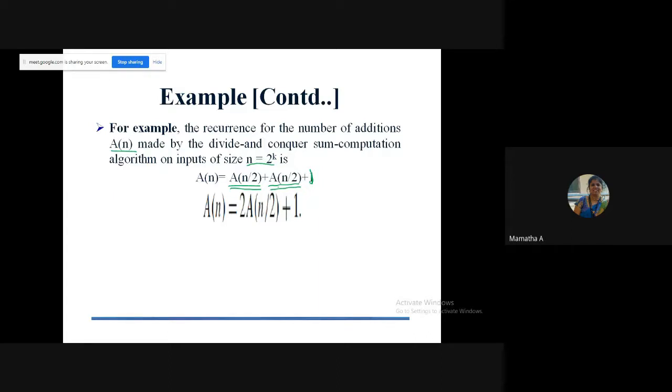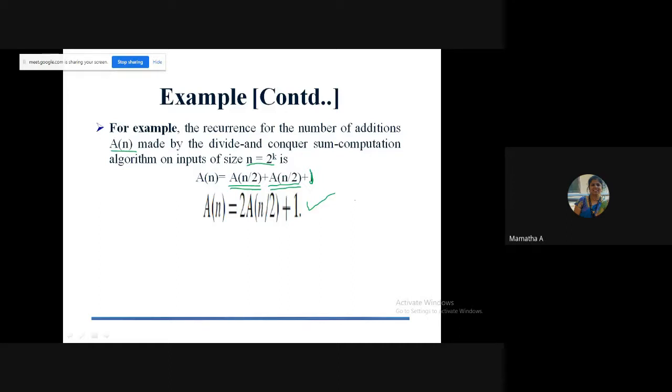What answer will you get? Any idea? Have we solved that? I think no. Anyways, I want you people to solve this using the backward substitution method. Keep track of this. You have one more problem, and along with this, you can also solve it using the backward substitution method.